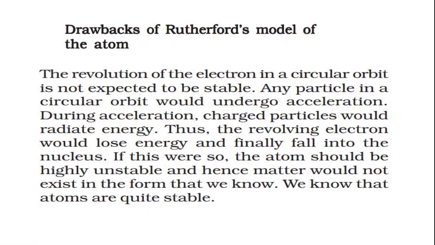So how did Thomson consider the atom to be? We can say Christmas pudding, or we can even consider it like a watermelon, or take the example of our roti. He said the full proton is one Christmas pudding or roti, and in this the electrons are present.